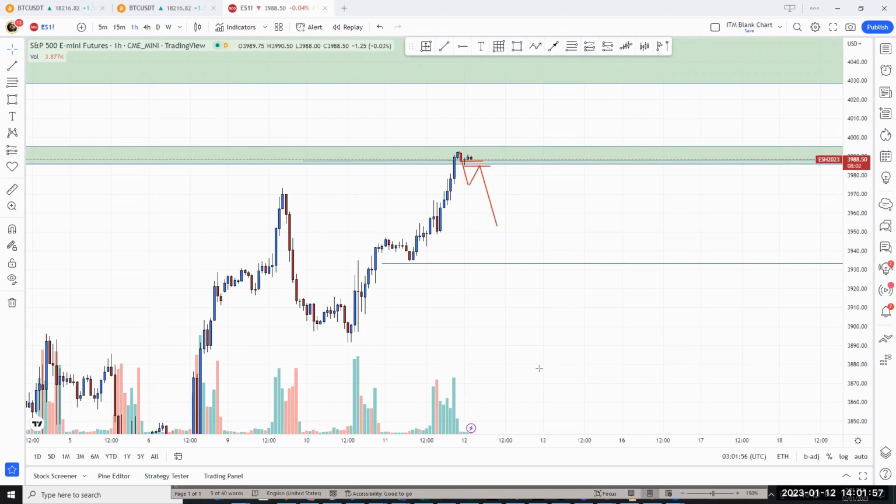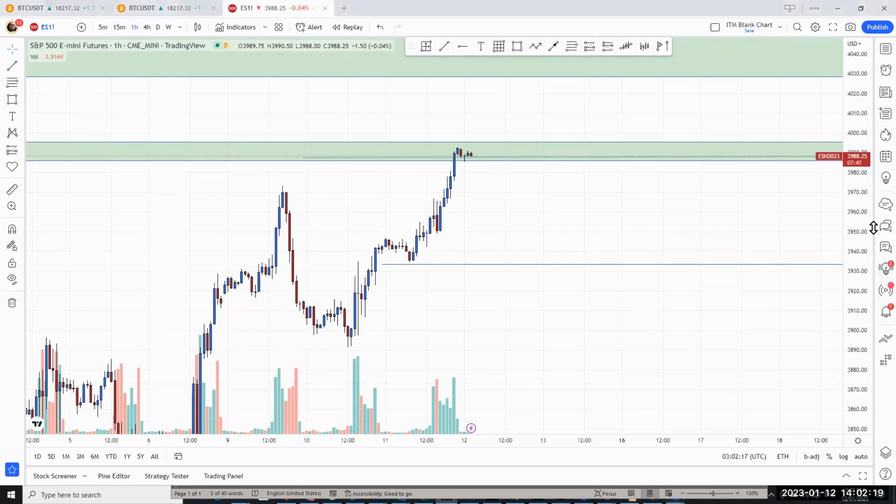This is the pattern I'm looking for, either on the H1, M5, or M15 time frame. So guys, keep an eye on this one, S&P 500. There is a potential short trade coming on this market, but again, you need to wait for the confirmation of that. So this is one of my trade setups which I was looking at.